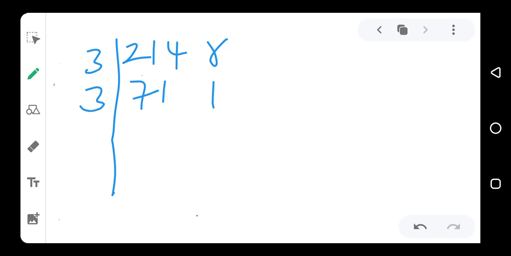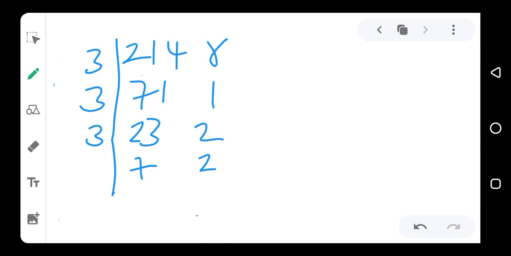Then 71 divided by 3, we have 23, remainder 2. And 23 divided by 3, we have 7, remainder 2. 7 times 3 is 21, plus 2, alright, remainder 2.